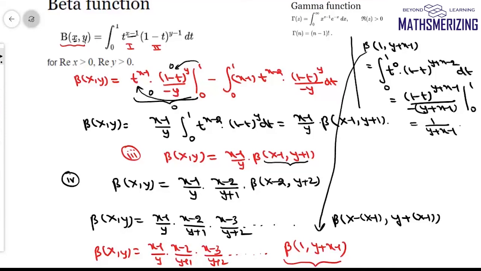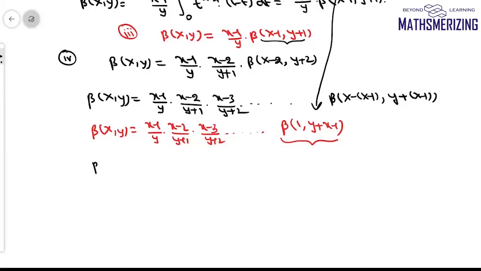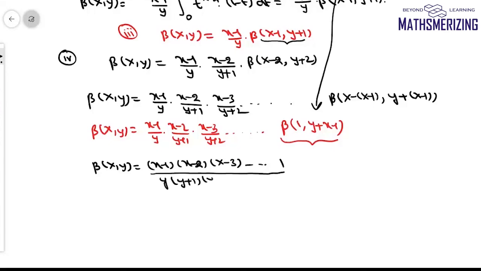So we'll put the value of beta 1, y plus x minus 1, and then we get beta xy as x minus 1, x minus 2, x minus 3, going all the way up to 1 in the numerator, and in the denominator we'll have y, y plus 1, y plus 2, up to y plus x minus 1.